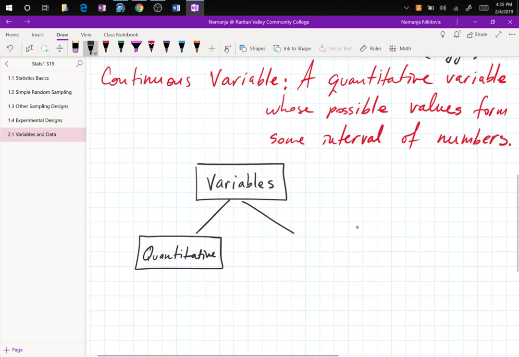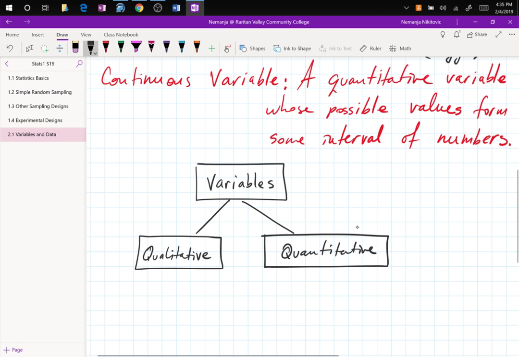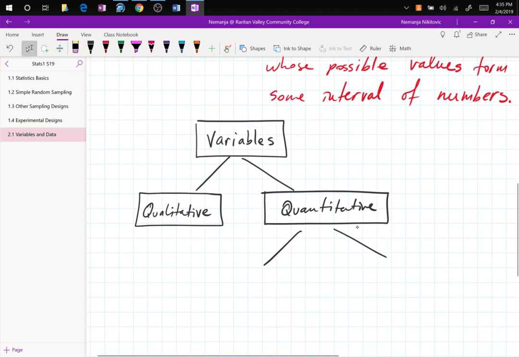Sorry, I wanted to say qualitative there. Qualitative and quantitative. Quantity, number, right? So quantitative are the ones that further break into discrete and continuous.